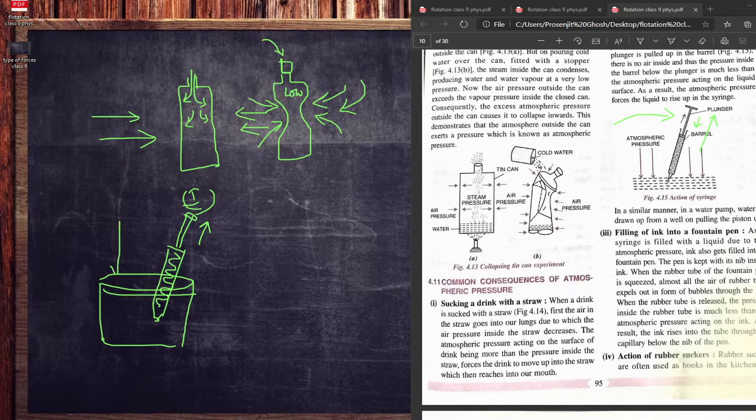We know that the water is already experiencing the atmospheric pressure from the upper surface. That pressure gets distributed in all directions according to Pascal's law, and as there is a vacuum over here, the water will rush up to fill the pichkari with the colored water. So this is how the water gets inserted in the pichkari, and that is the mechanism of it.